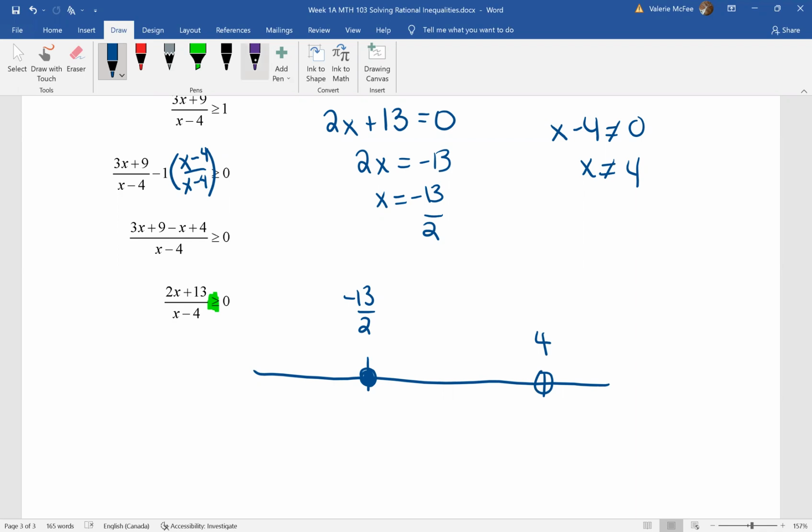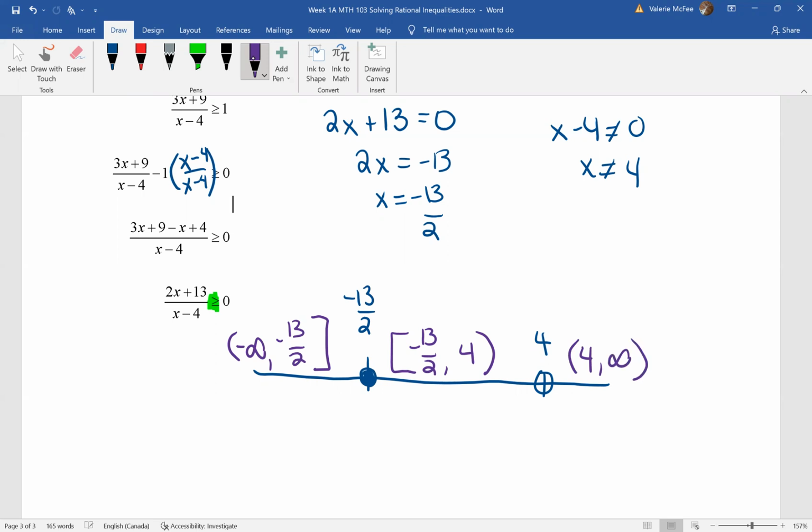So again, I've got my intervals, an interval from negative infinity to negative 13 over 2, but this time a square bracket because we can be equal to negative 13 over 2. Our second interval, negative 13 over 2 to 4, closed bracket on the first number, and then 4 to infinity.